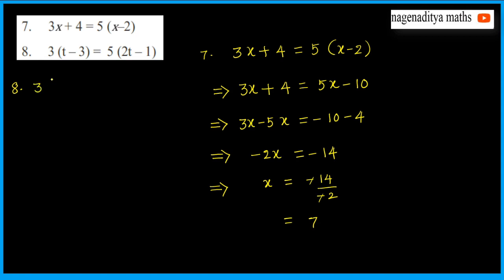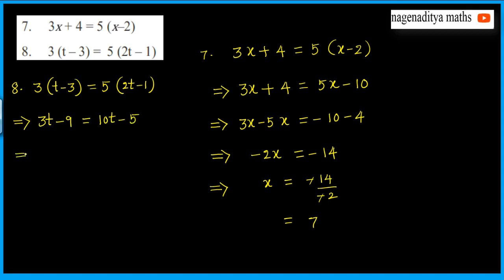3 times t minus 3 is equal to 5 times 2t minus 1. Okay. So this implies 3 into t, 3t, 3 3s are 9 minus 9 is equal to 5 2s are 10t minus 5.